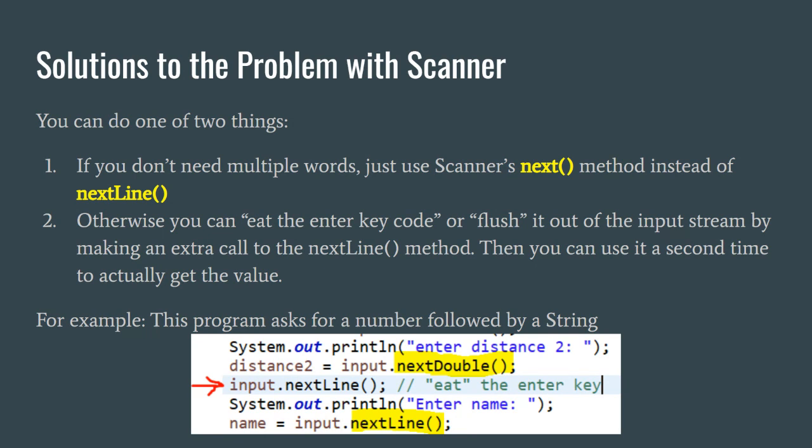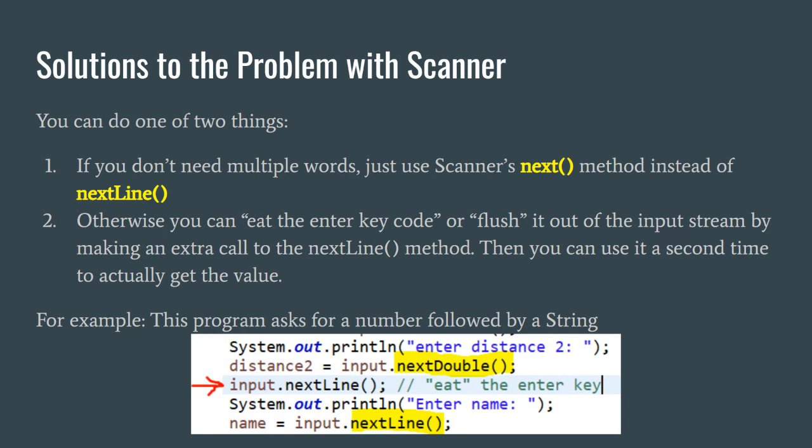And the second solution is what I call eating the enter key, or flushing the enter key out of the input stream by making an extra call to the nextLine method. You don't need to do anything with the information that comes back from that call. Then you use nextLine a second time to actually get the value that you're looking for.